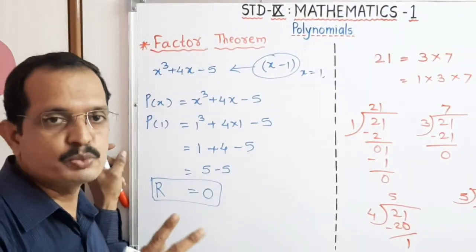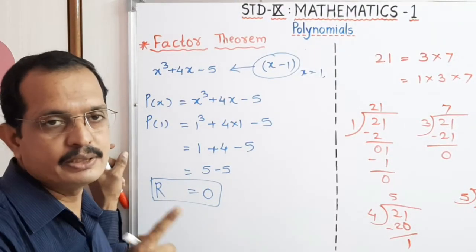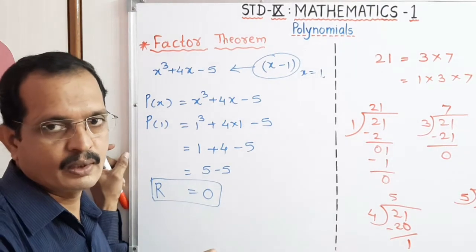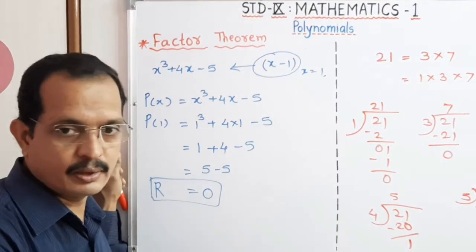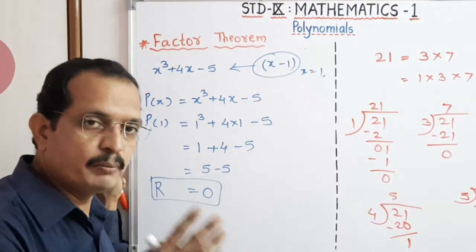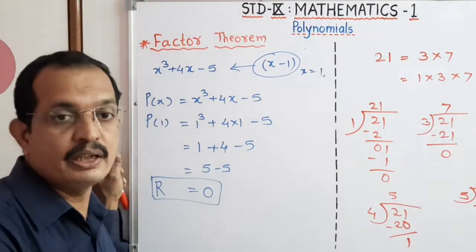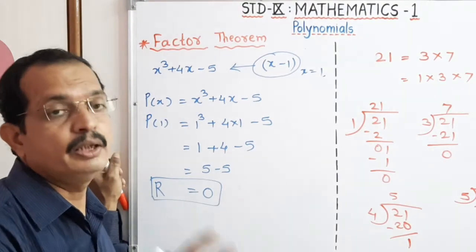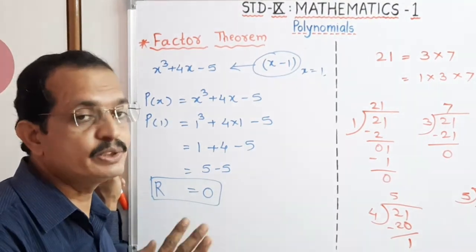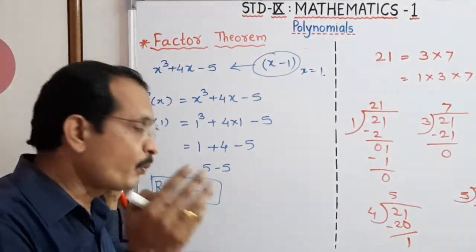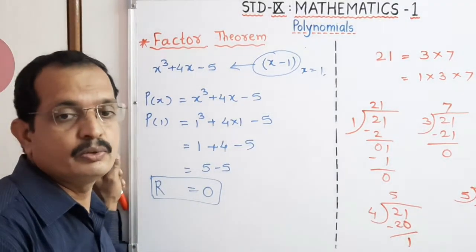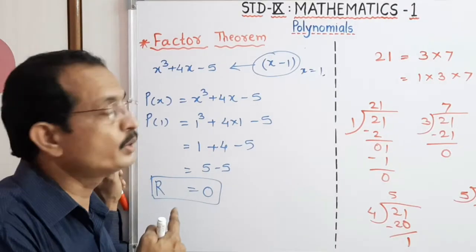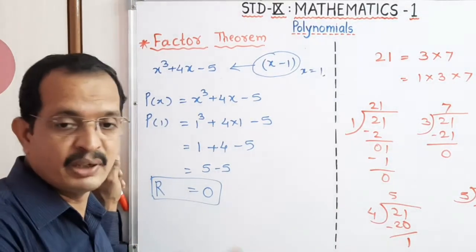See, we have to use both the factor theorem as well as the remainder theorem. Got it? For the factor theorem, we must know the remainder. If remainder is 0, then it is a factor. If remainder is not 0, then it is not a factor. For finding out the remainder, no need to do the division. We can use the remainder theorem.